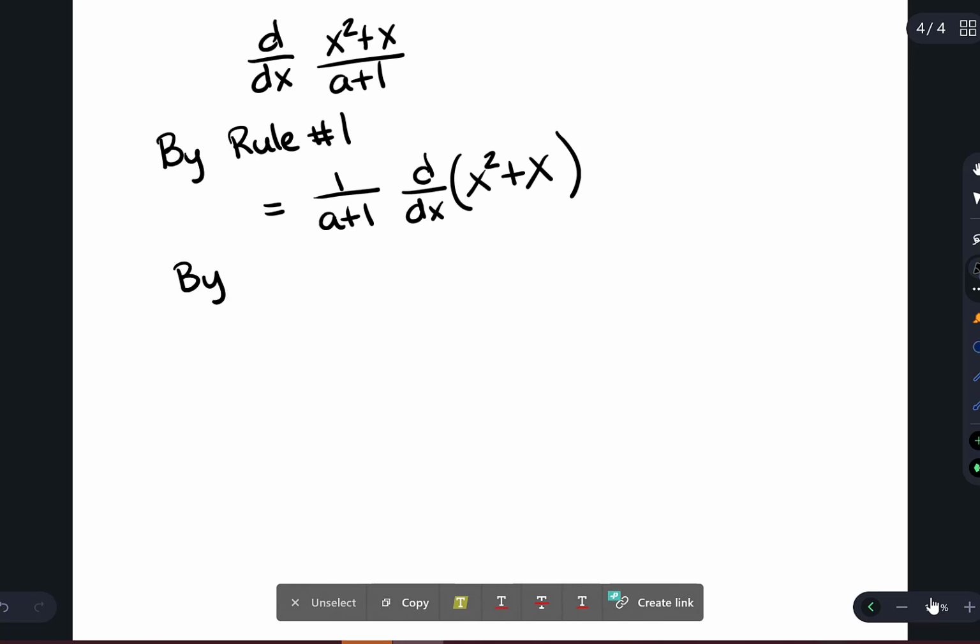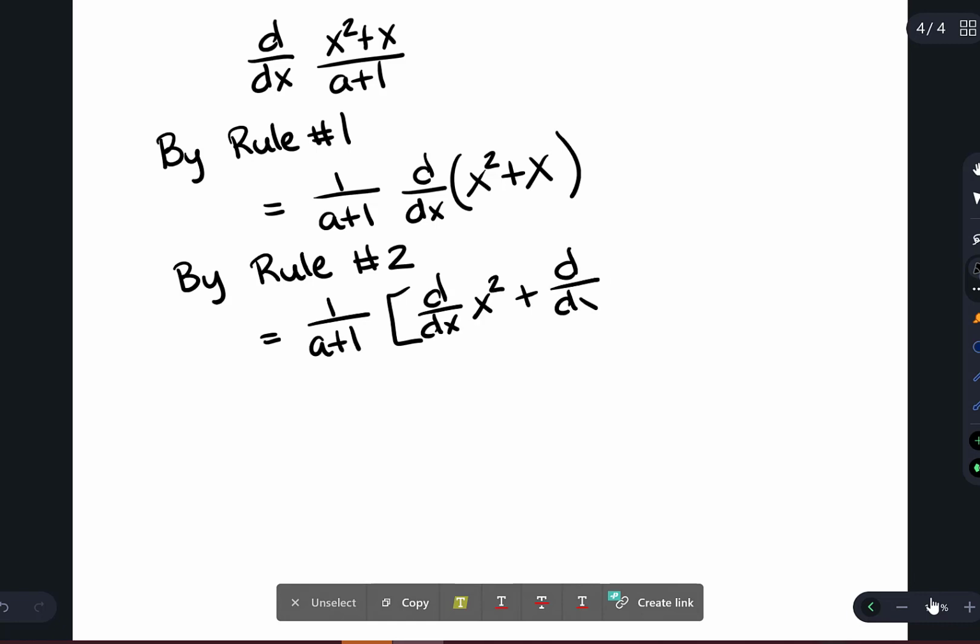And then by rule number 2, this is equal to 1 over a plus 1 times the derivative with respect to x of x squared plus the derivative with respect to x of x.